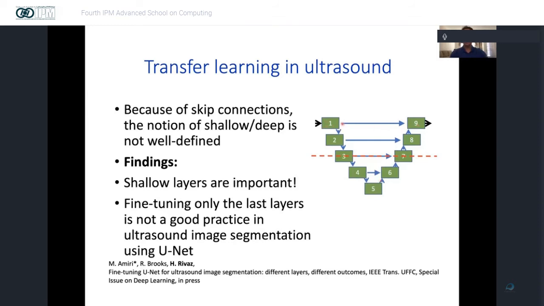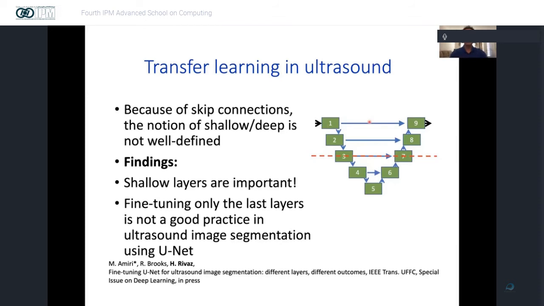But since we have a skip connection, it can also be considered a shallow layer. So in this paper, we did a very exhaustive study on different types of fine tuning. We froze some layers and fine tuned other layers based on different definitions of shallow and deep, by considering or not considering these skip connections.